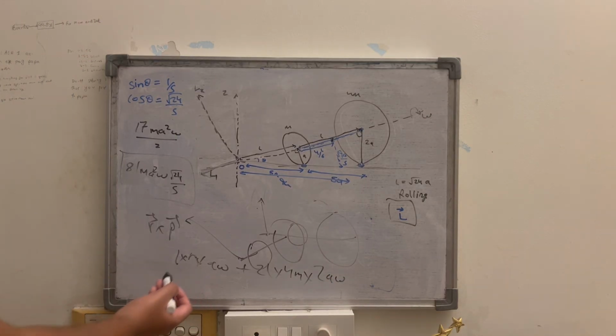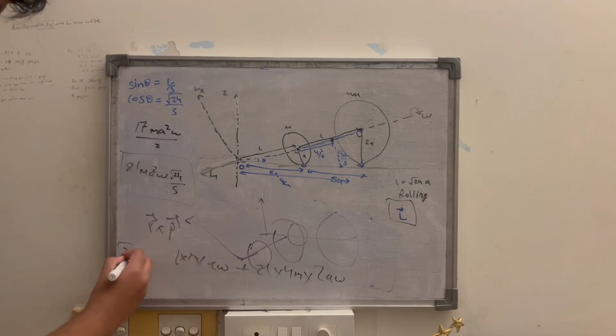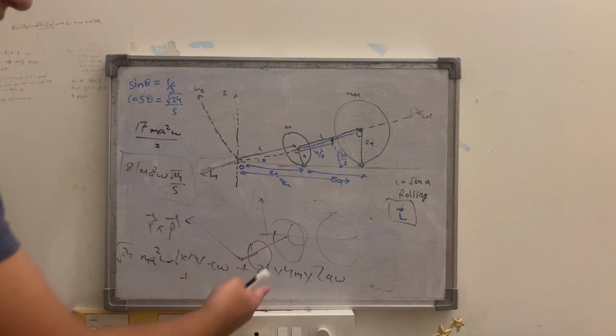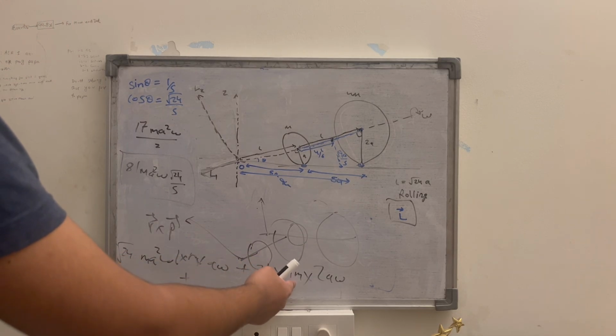So L you can write as root 24A, so you will get root 24 MA square omega plus 2L, so 2 root 24A.